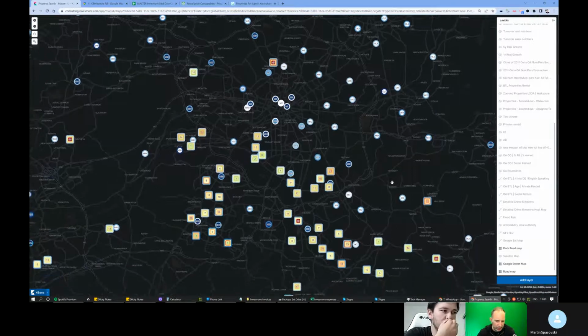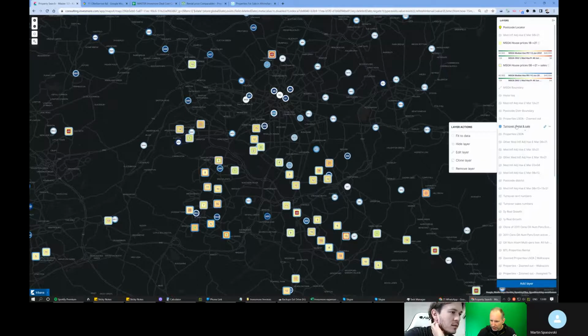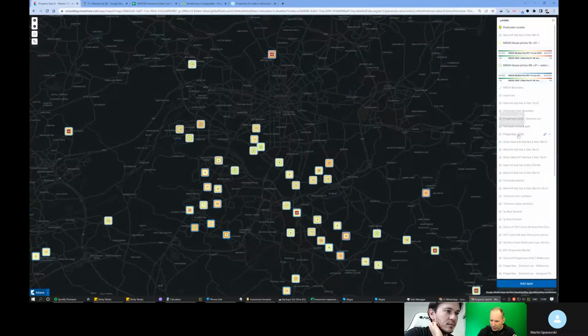Now we can see the postal data, the circles. I'll hide that, but I'll show you postcode district so you can get your bearings on where things are.